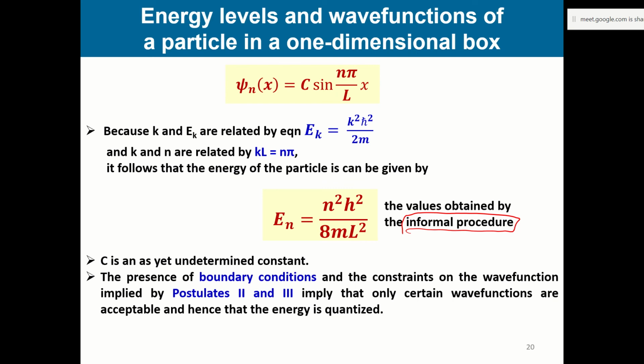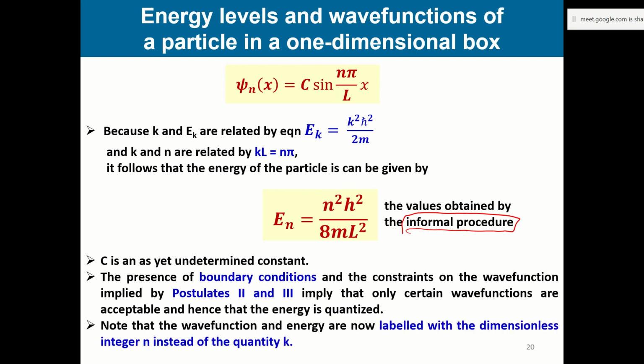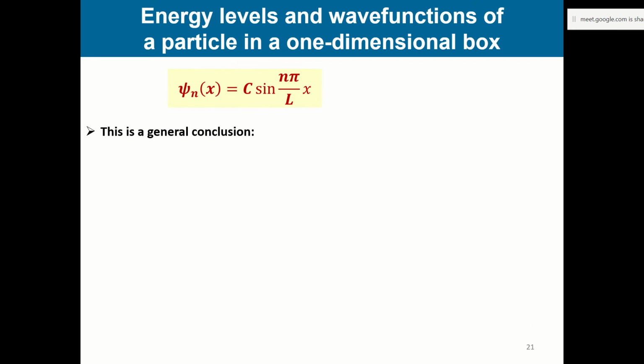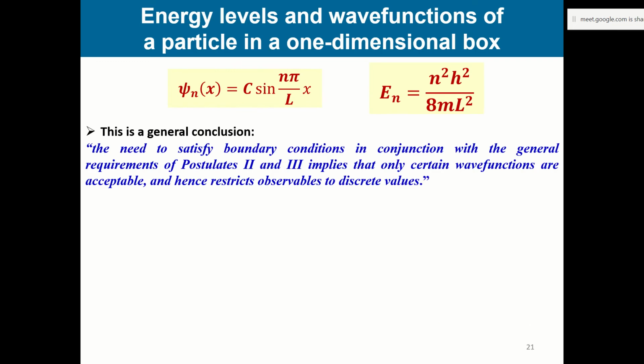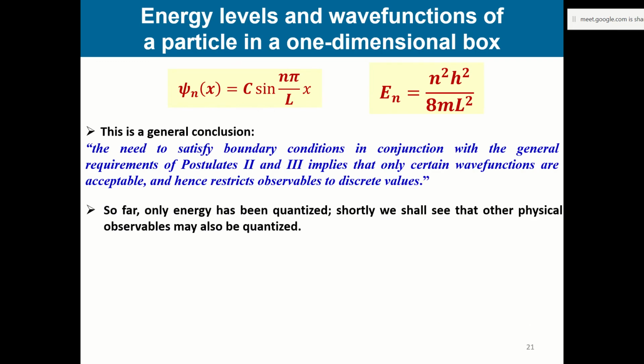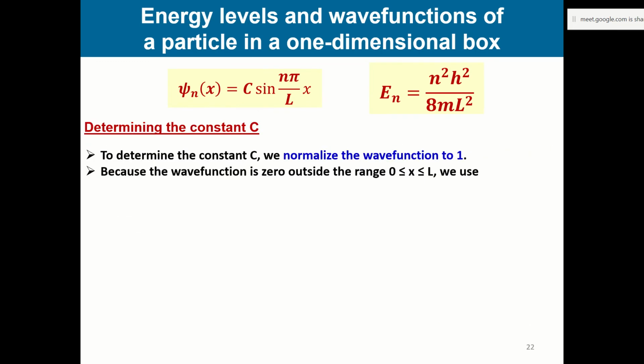Now the next task is to evaluate c, the constant coefficient. Boundary conditions were applied, and when you try to find the probability, determining c is a condition that we had.